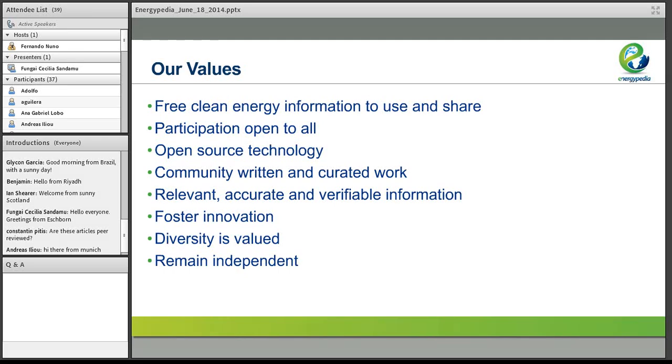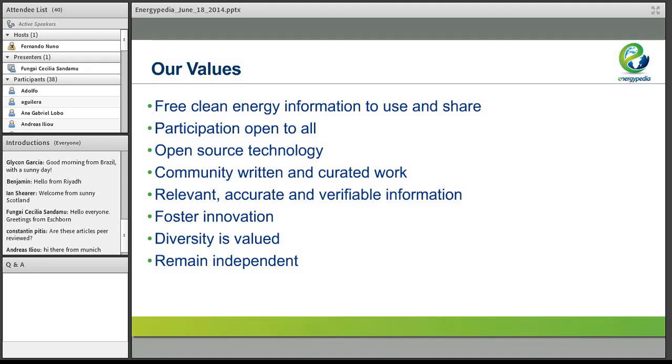Furthermore, we are working on providing information that is relevant, accurate, and verifiable, and to some extent unbiased. Of course, no one is completely free from bias, but in this project, we do believe that collaborative knowledge sharing among a diverse group of contributors is a powerful tool for achieving our stated goals.